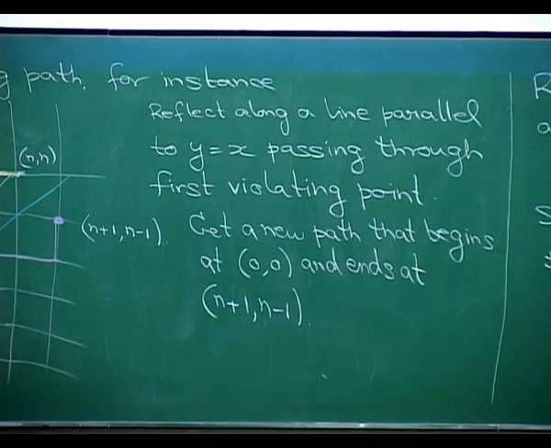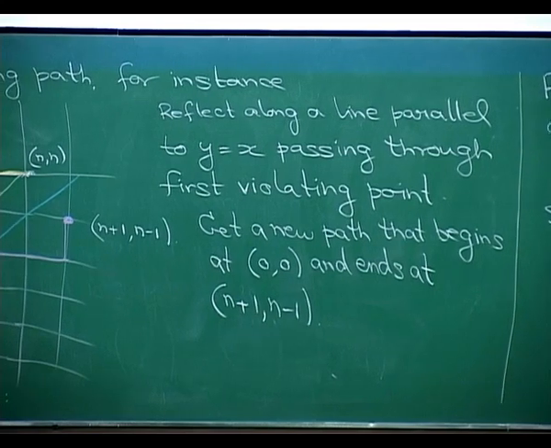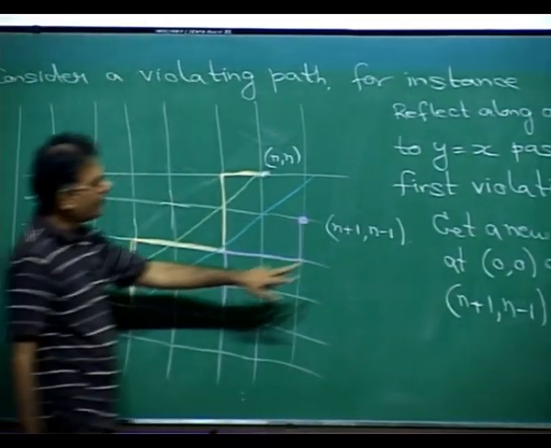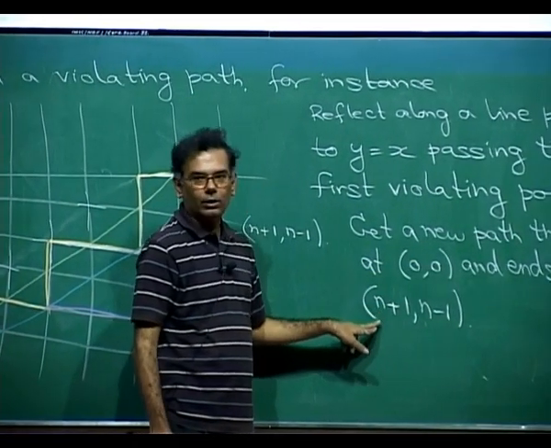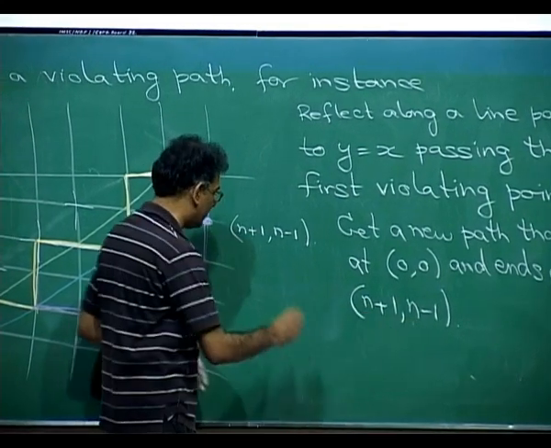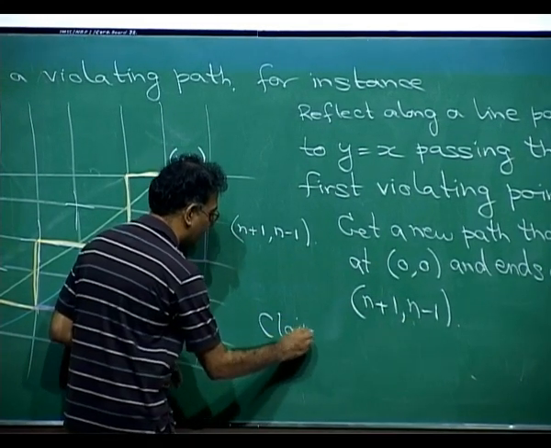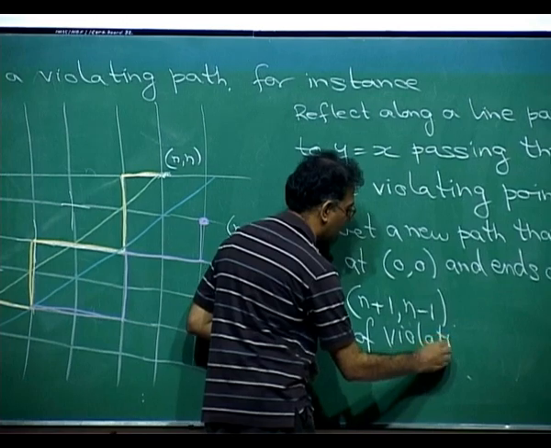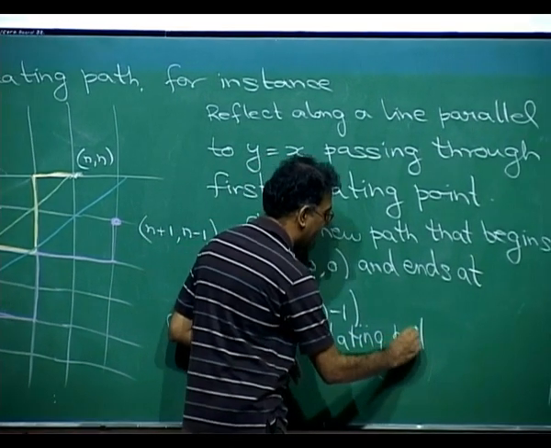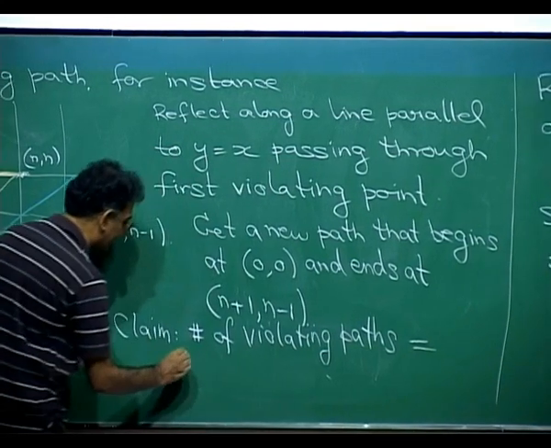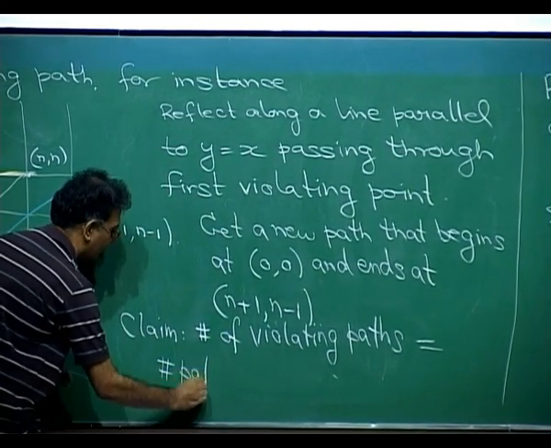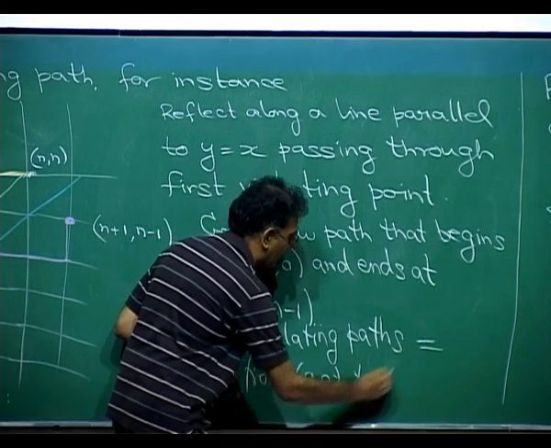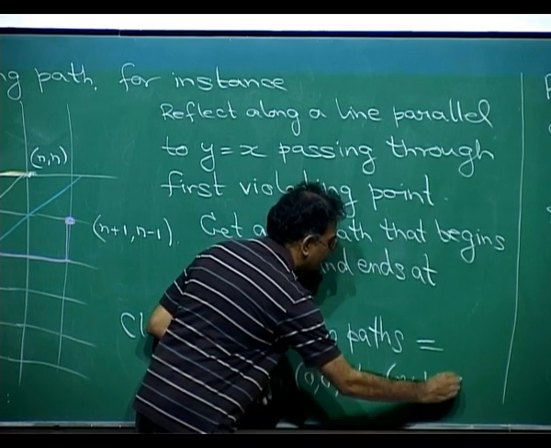Okay, good. So we have this new path. Now what I would like to assert is that the number of violating paths is exactly the same as the number of paths that begin at 0, 0 and end at n plus 1, n minus 1. So this is the main claim which has to be understood. The number of violating paths, I claim, equals the number of paths from 0, 0 to n plus 1, n minus 1.